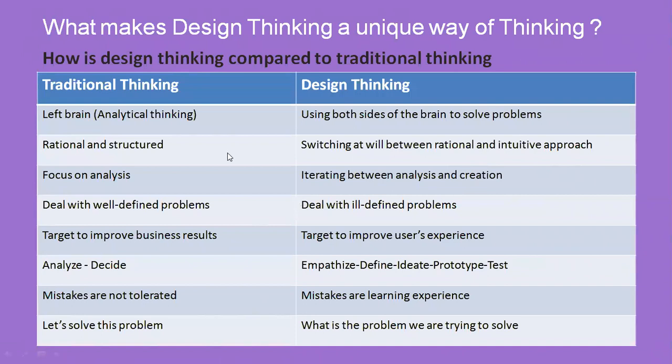In the traditional way of business thinking, the focus is just on an analytical approach and dealing with well-defined problems. Whereas the beauty of design thinking is that it has been applied to solve ill-defined or unknown problems, with unknown solution areas. The target here is to improve user experience rather than just improving the business result. Experimental failures are embraced as learning experiences.